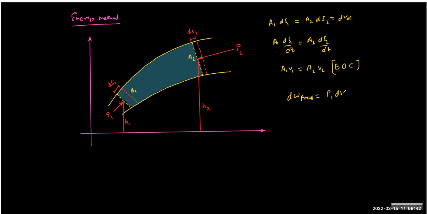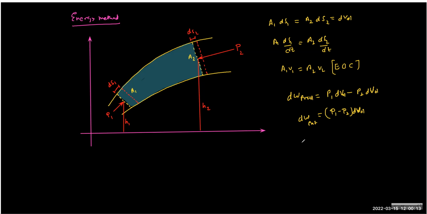It is P1 dV because pressure P1 is supporting it, but minus P2 dV because it is opposing it on the system. Therefore, the net work done by the external force is (P1 minus P2) dV. Here dV is volume, just to make clear. So in a way, this is the work done.